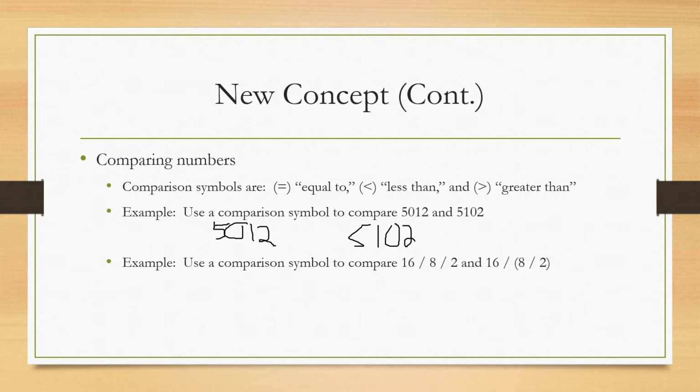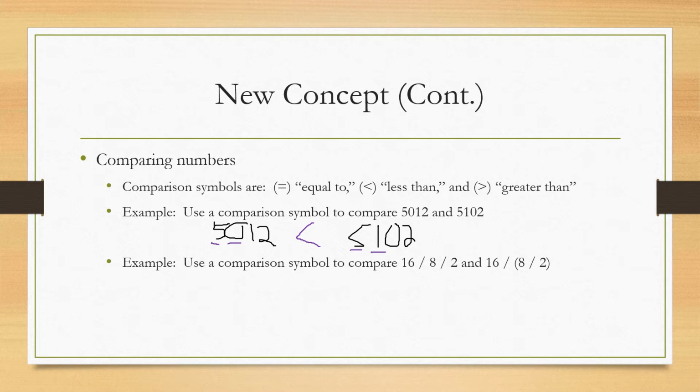Both of these are in the thousands, so we look at the thousands place. In the thousands place of both numbers is a 5, so that means those are the same. So we look at the next place, the hundreds place. This 5,012 has a 0, 5,102 has a 1. That means 0 is less than 1, so we're going to put the less than symbol. 5,012 is less than 5,102.